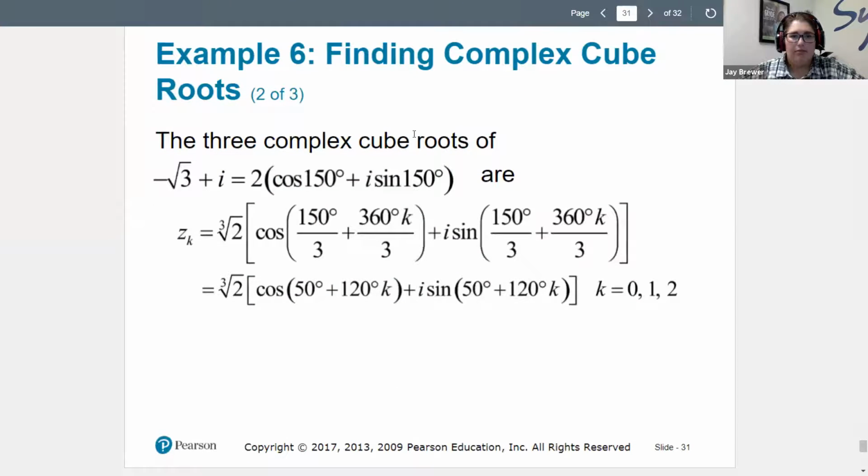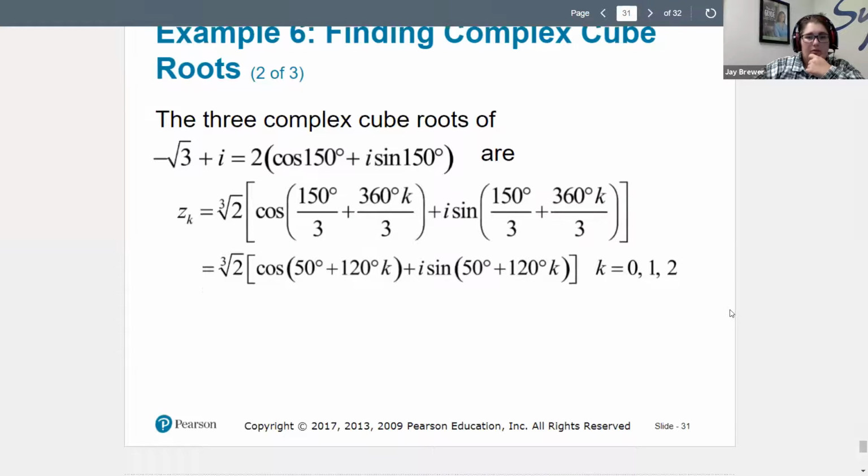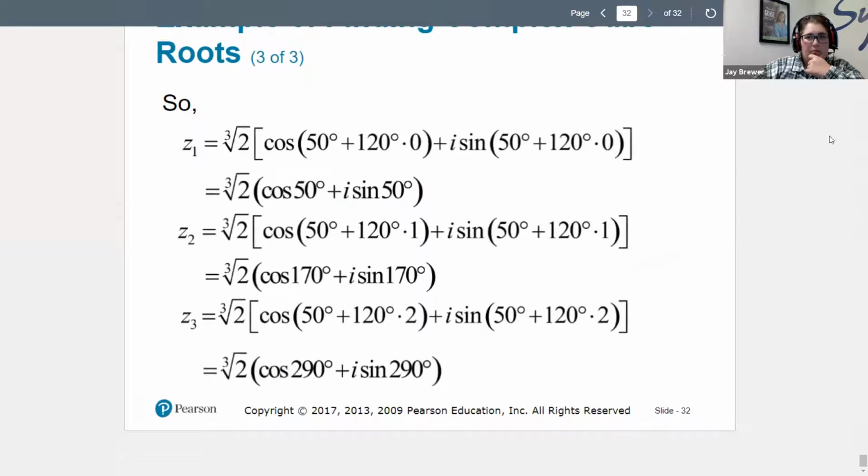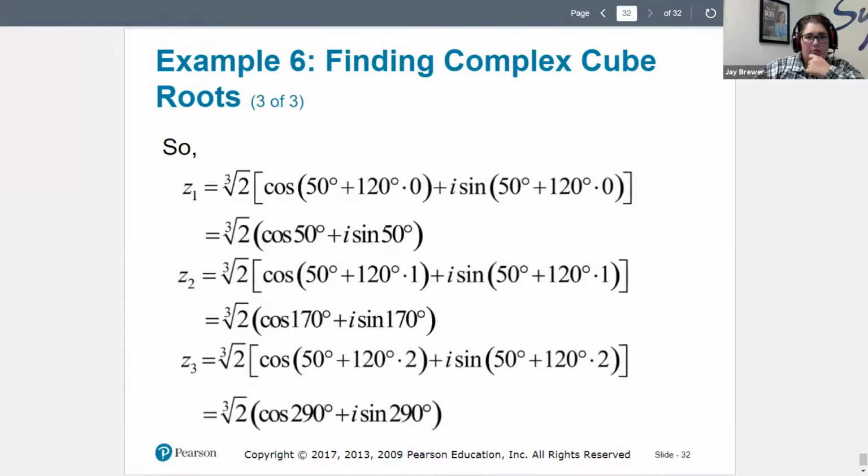Okay, the 3 complex cube roots are the following. And they get k equal to 0, 1, and 2. Again, these examples are definitely going to help you with your Pearson homework and the quizzes.